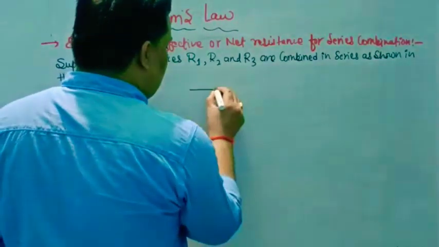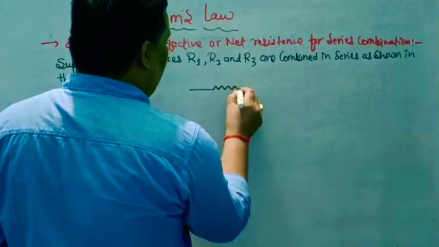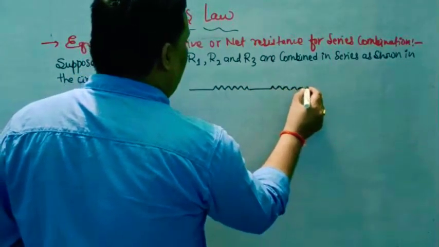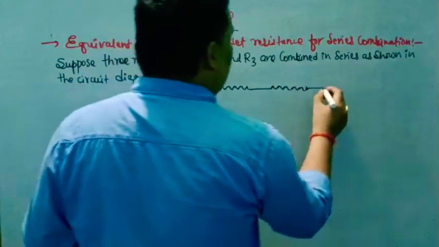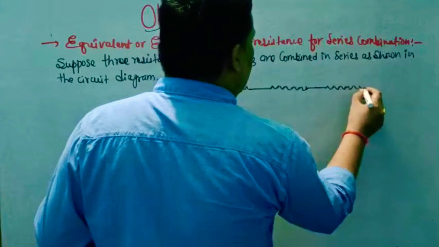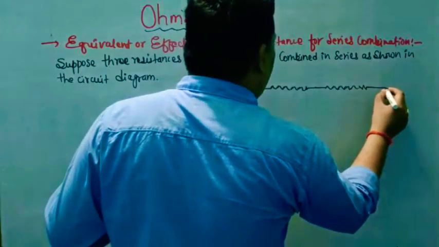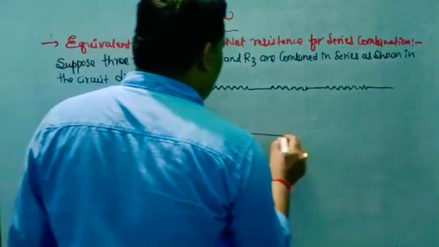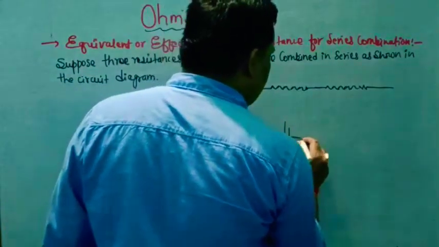So there are three resistances having the value R1, R2 and R3 combined in series across the AB end of the circuit. It is connected to a source of current.